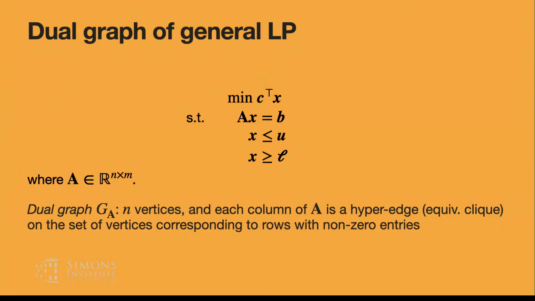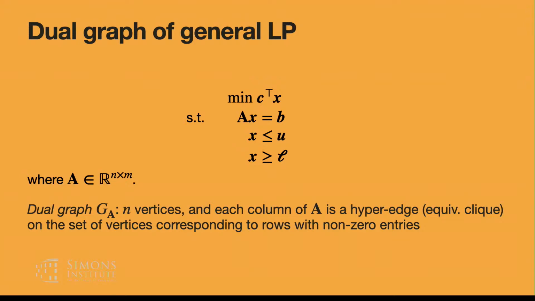For general linear programs, they don't necessarily correspond to any graphs, but we still want to be able to associate a graph with these linear programs. So what we do is we look at the constraint matrix A, which has n rows, and we assign one vertex to each row.